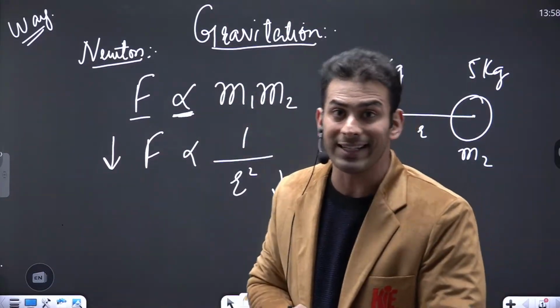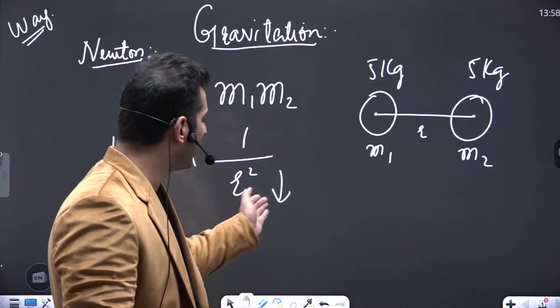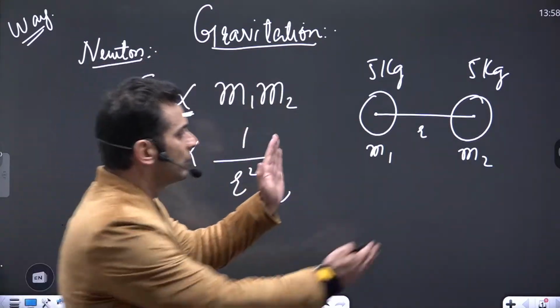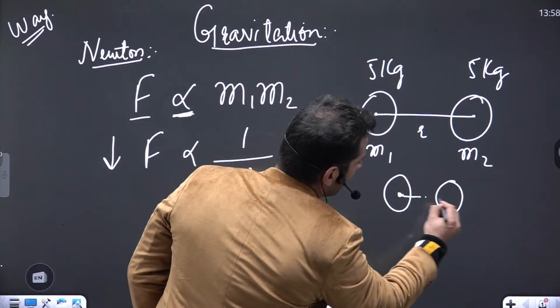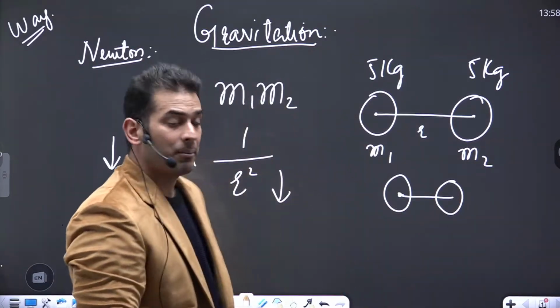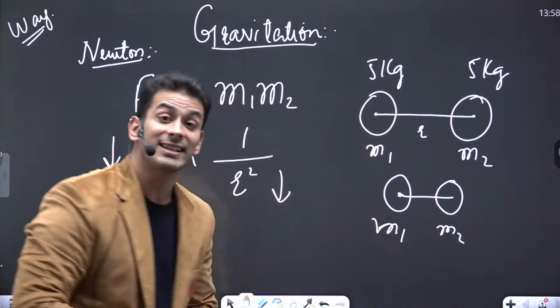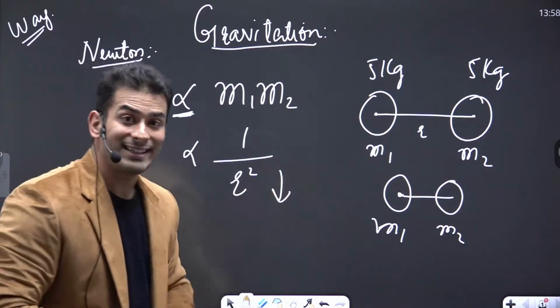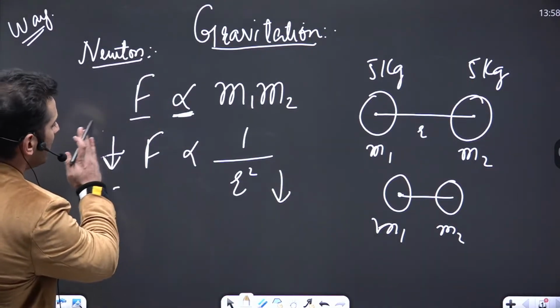Inverse proportionality means that when you raise the value of one thing, the other gets reduced. The object is here at some distance. Now the distance is being reduced. You can see here the distance is less between the two masses, m1 and m2. When the distance is getting reduced, the force is getting increased, beta.